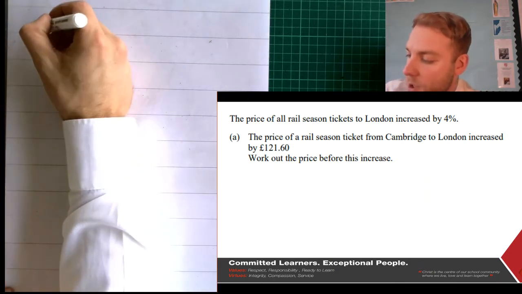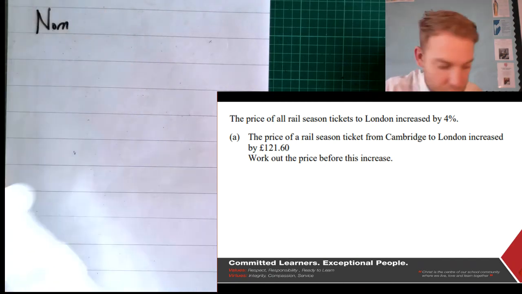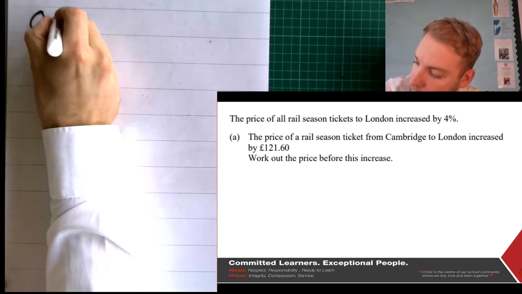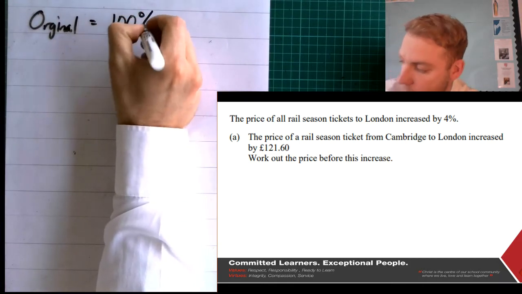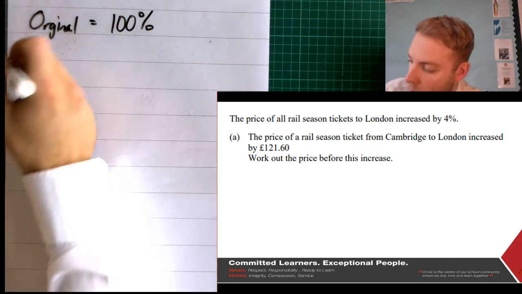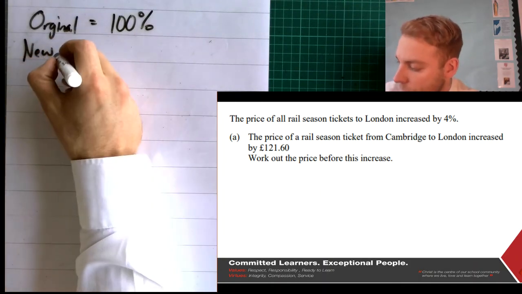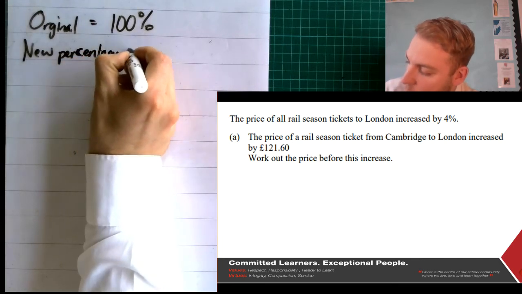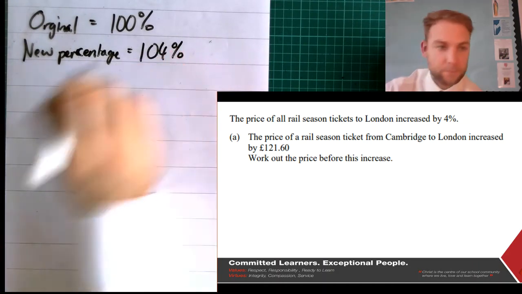Okay, so we know that our normal percentage, or original percentage, I should probably put, my original percentage is equal to 100%. We then know that my new percentage is equal to, if it's an increase of 4%, it's going to be 104%.